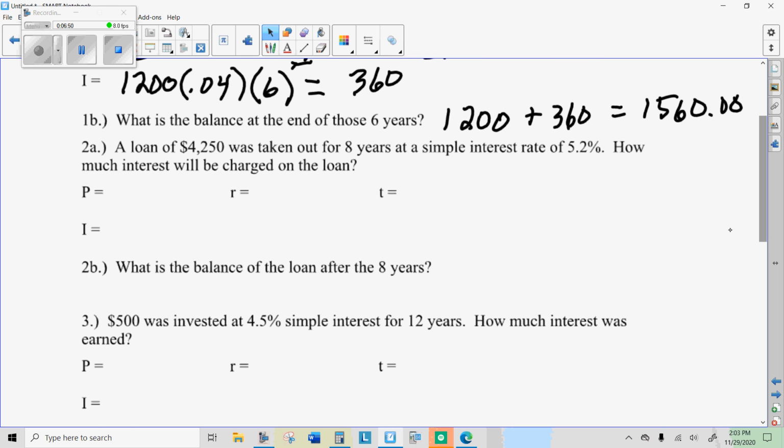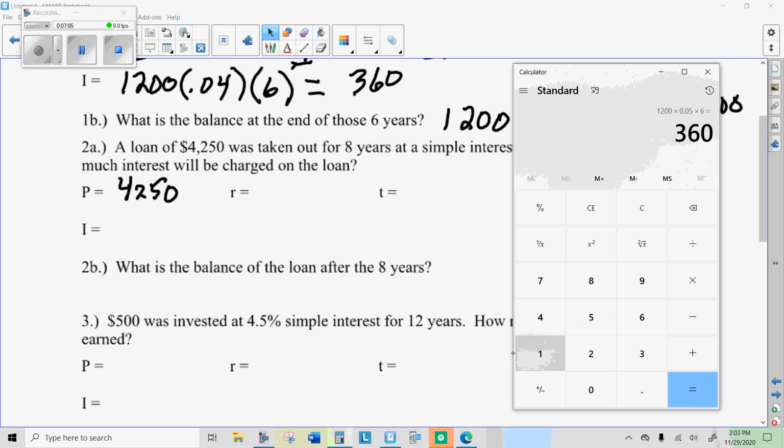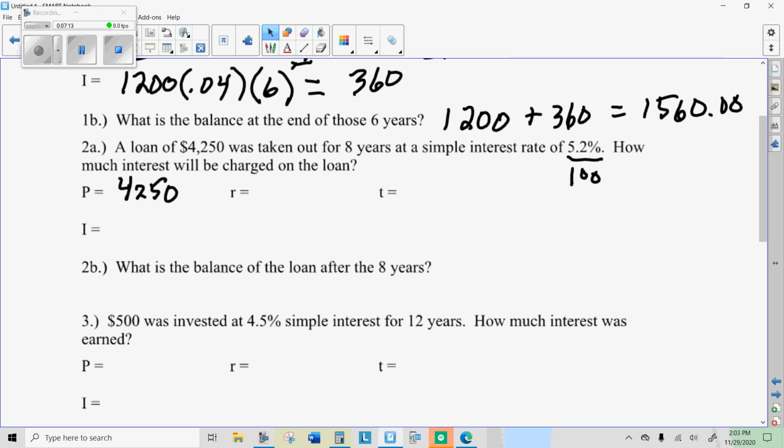All right. So just to make sure you have this part right, our principal is the $4,250 loan we're taking out. To turn this into a rate, 5.2 divided by 100, which, if you remember, just moves a decimal over 2 places, so we're going to use 0.052 for that one.